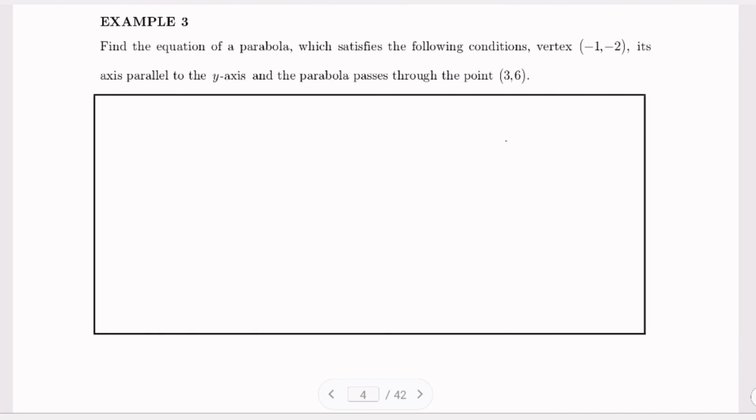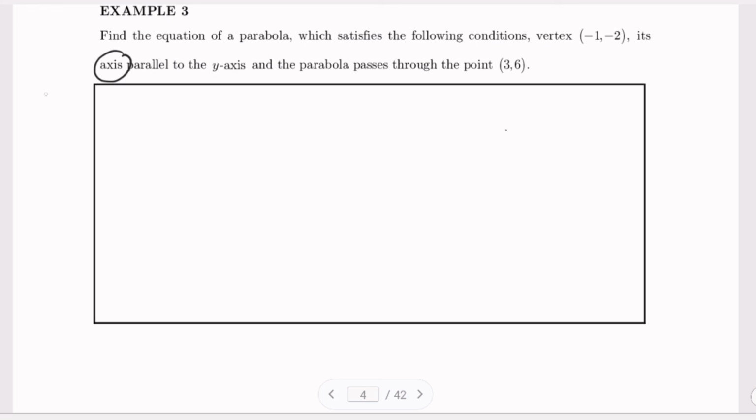For example 3, you have to find the equation of a parabola which satisfies the following conditions. You are given vertex negative 1, negative 2, and its axis parallel to the y-axis, and the parabola passes through the point 3, 6. So it says its axis is parallel to the y-axis. They are talking about the axis of symmetry.